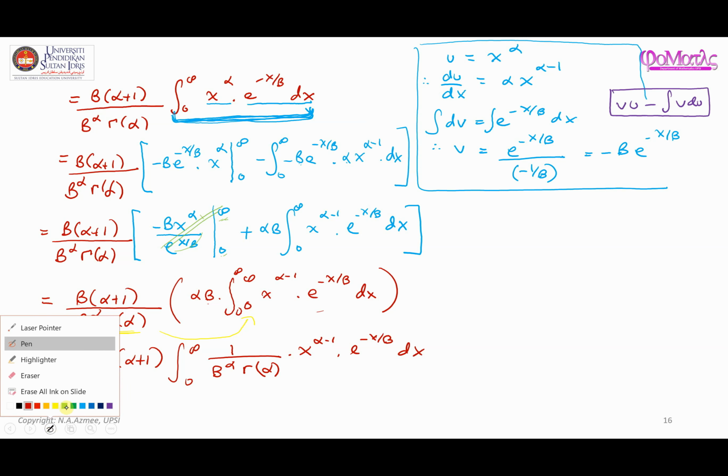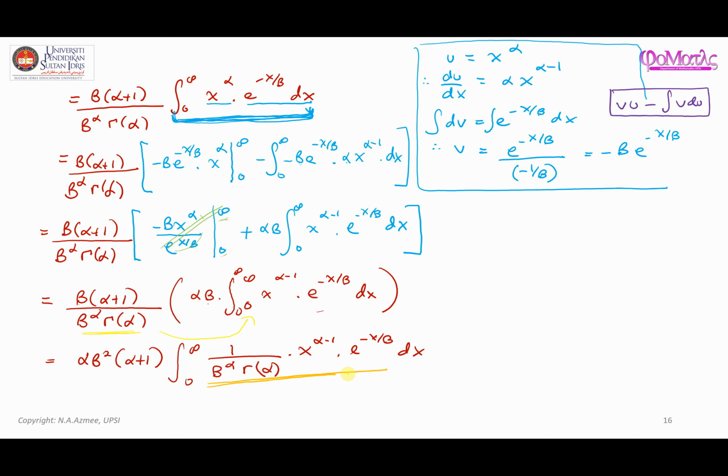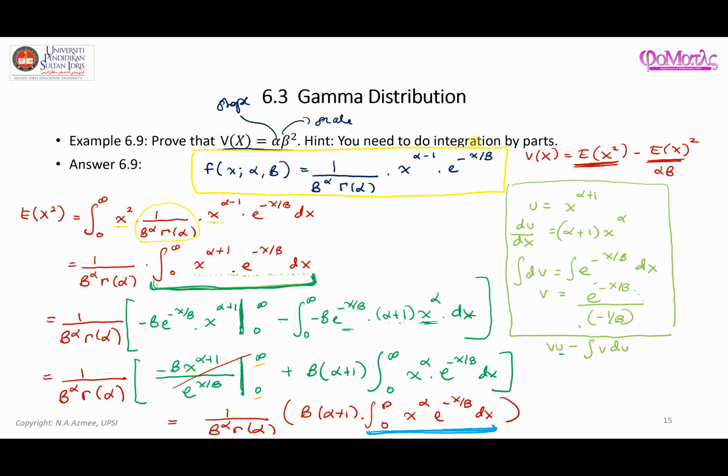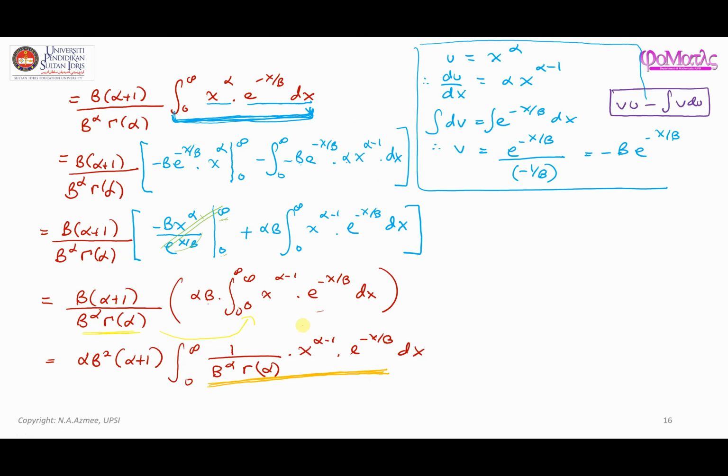And I hope you can recognize that this part here is the probability density for the gamma distribution. So this is the probability density for the gamma distribution. We are having this integral of this function, and we're going to integrate this function from 0 to infinity, from the lower limit to the upper limit.